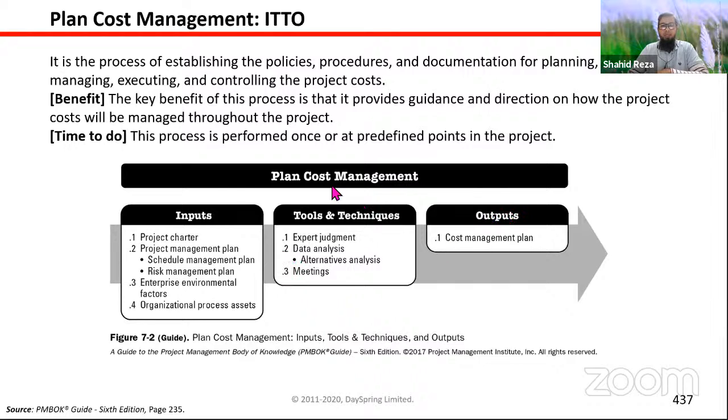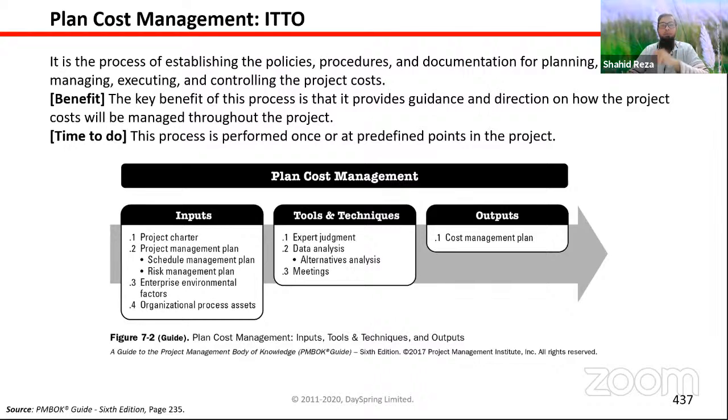Also, as we are talking about cost, is there any organizational guideline that I mentioned earlier, or any policy, any procedure that you need to address here? For example, if you are involved with government purchase, all the government organizations follow PPR, public procurement rules, which is mandatory for purchasing anything.